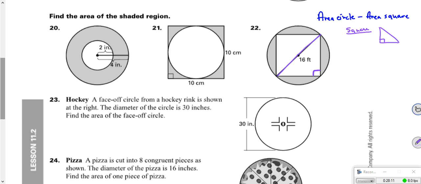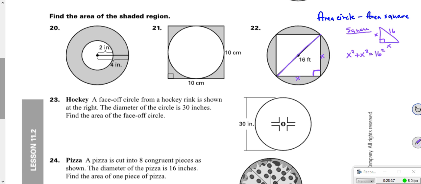So let me call this side x and this side x. I kind of flip-flopped my triangle, not really sure why. But if this is 16 and this is x and this is x, I can use the Pythagorean theorem. This is going to be x squared plus x squared equals 16 squared. I hope you guys see that.